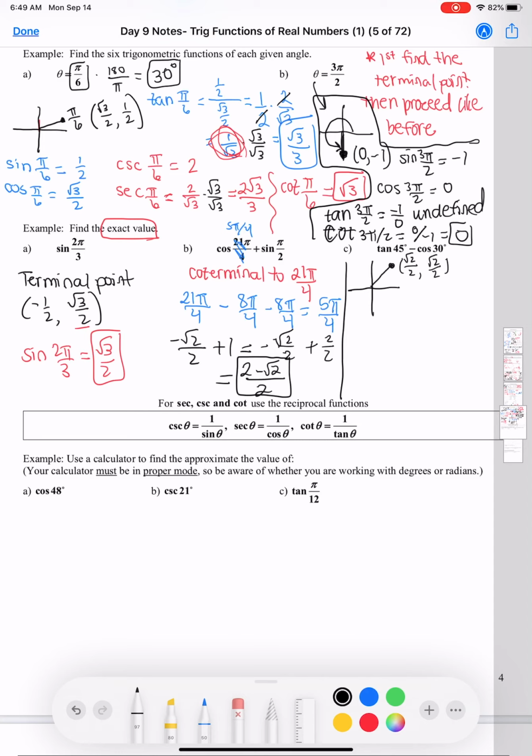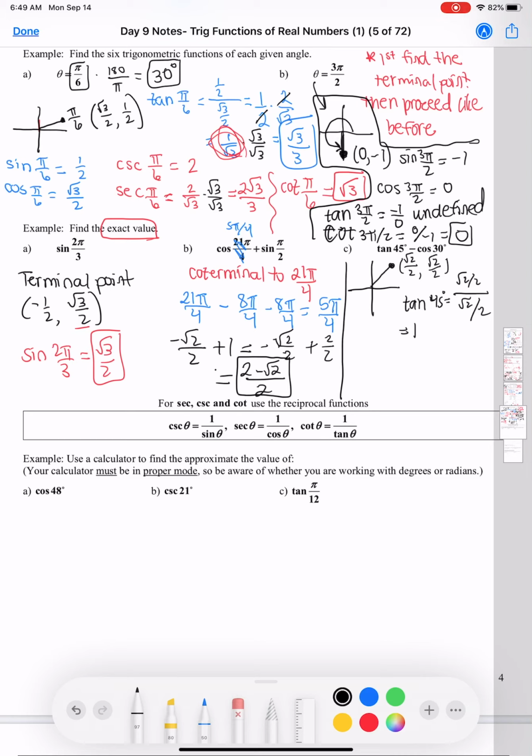Okay, and we know that tangent of the angle is going to be y over x, or in other words, sine over cosine. Well, notice I'm just dividing root 2 over 2 by itself. So this is equivalent to 1.